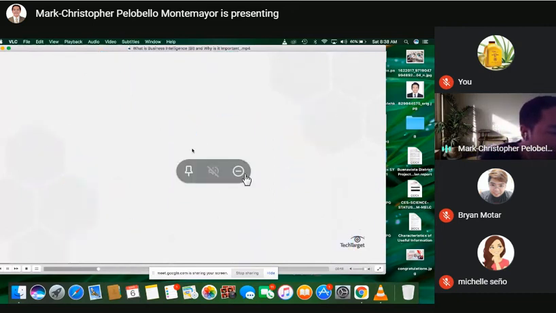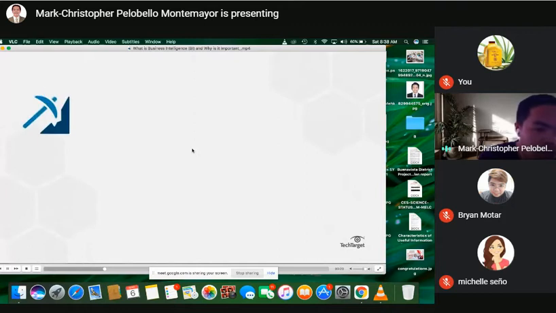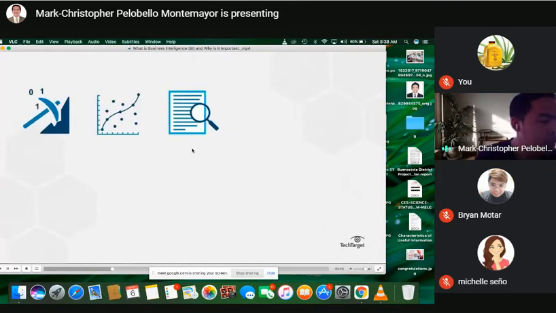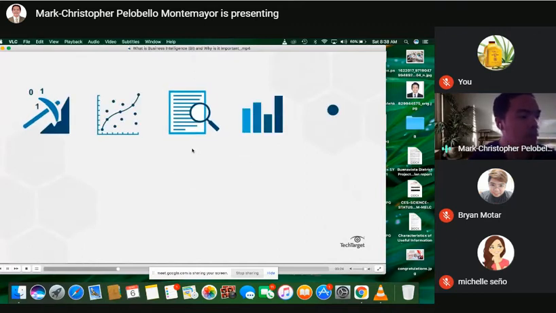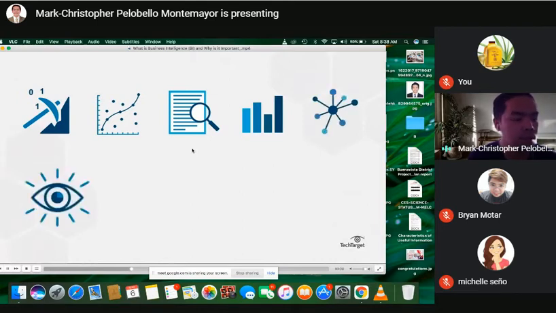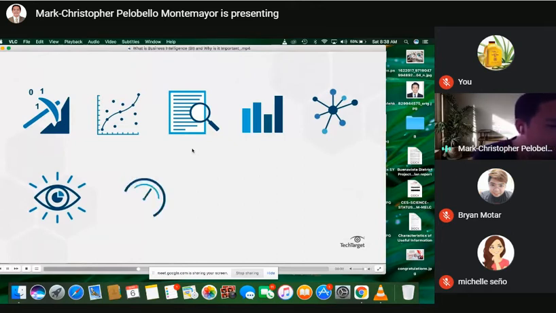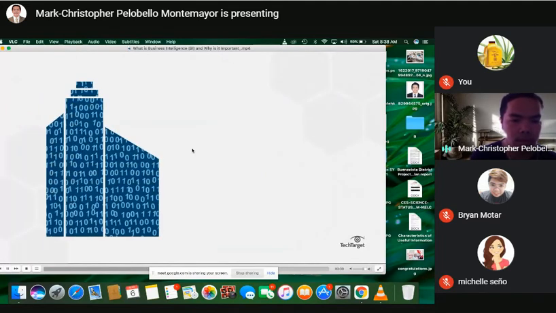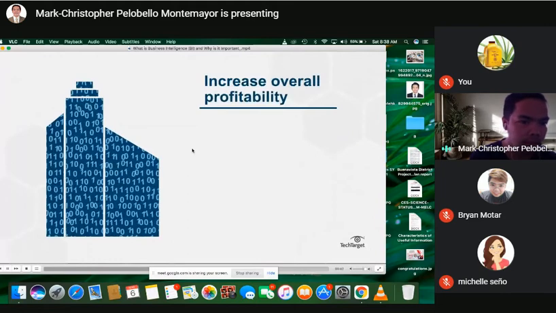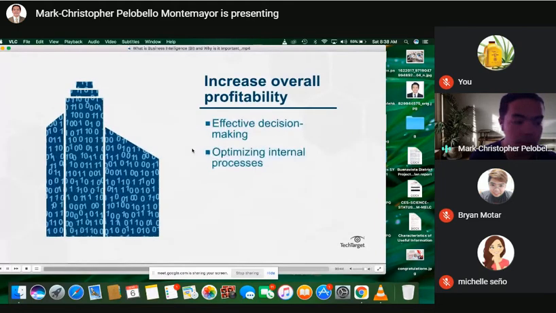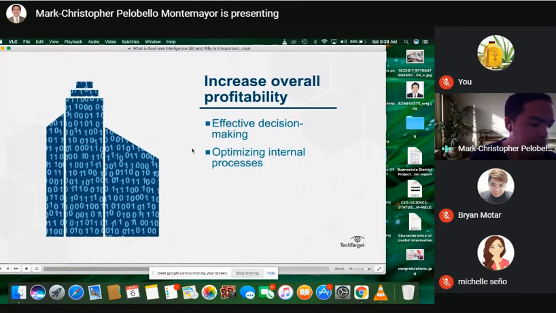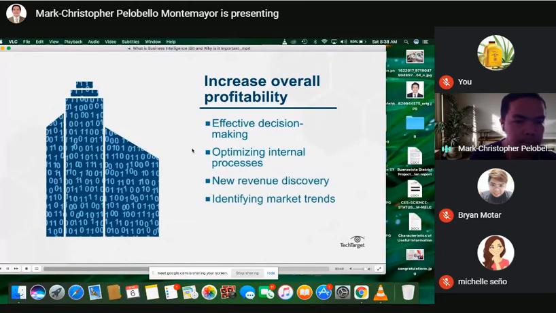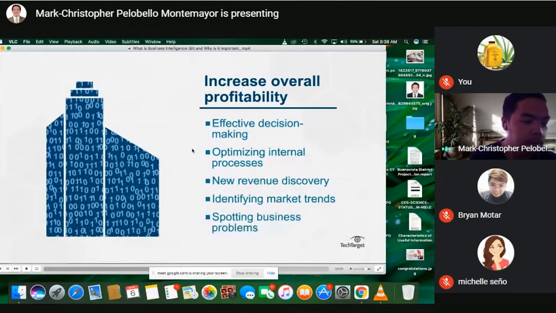BI encompasses a variety of analytics processes, including data mining, predictive analysis, text mining, statistical analysis, and big data analytics, as well as reporting processes and tools like data visualization software, key performance indicators, performance benchmarking, and querying. By improving access to a company's data, BI can increase overall profitability through effective decision-making and optimize internal processes, as well as by helping businesses discover new revenues, identify market trends, and spot business problems.